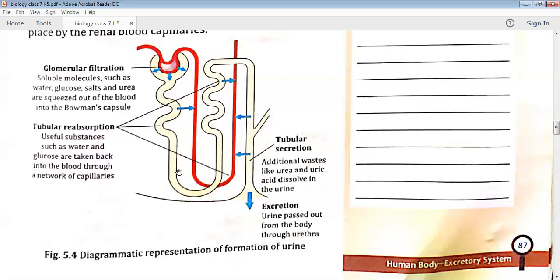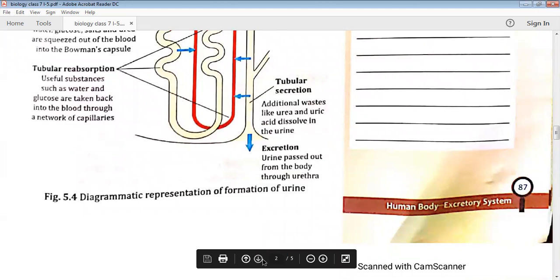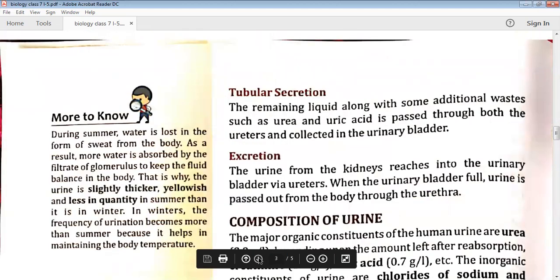Whatever is useful is reabsorbed, which is why it is called tubular reabsorption: reabsorption of essential substances takes place. The non-essential ones the body will not reabsorb; they will remain in the urine. Then secretion happens: additional waste like urea and uric acid dissolves in the urine, and ultimately the next process is excretion. So this is the method of formation of urine.